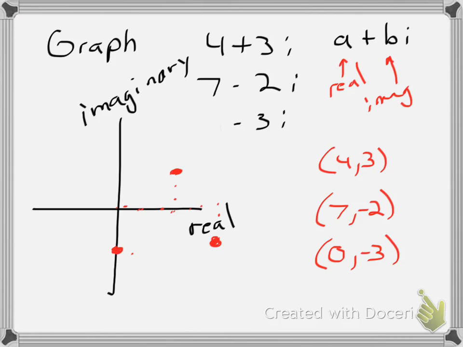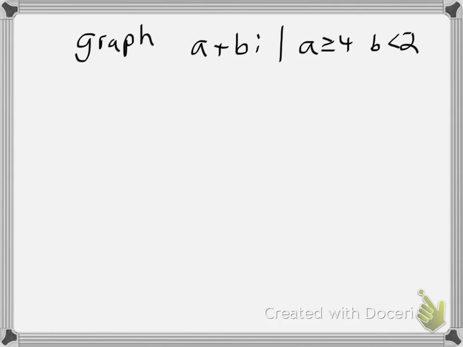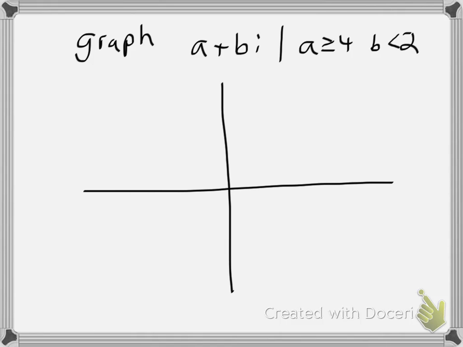Now a slight variation of that is if we're asked to graph the form a plus bi, where a is greater than or equal to 4 and b is less than 2. So what this means is if I have a is greater than or equal to 4, a is my real value, it's on my real axis.